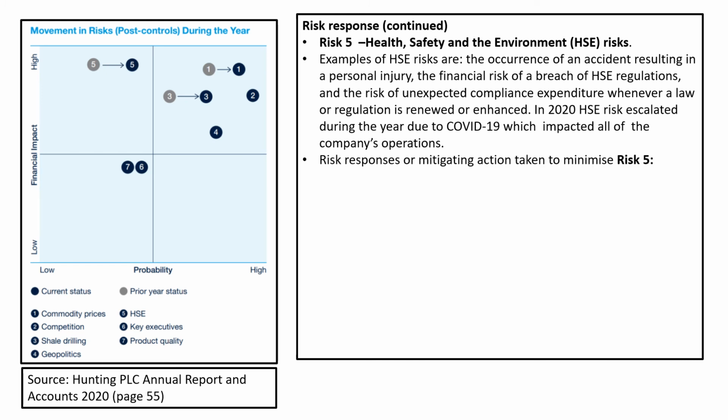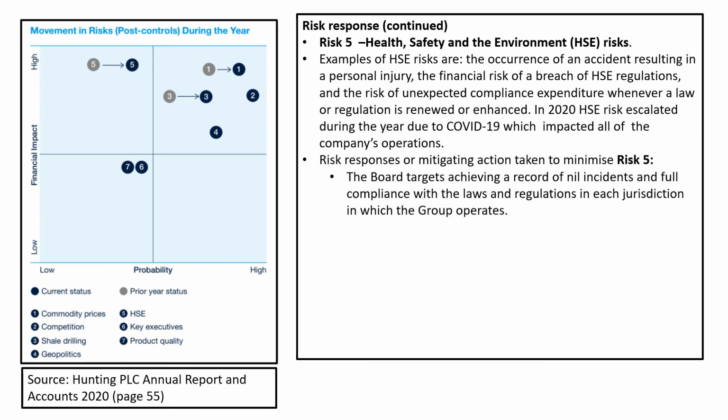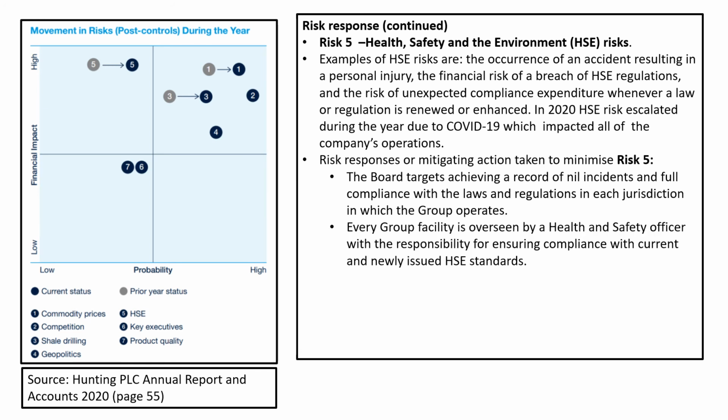Risk responses or mitigation action taken to minimize risk 5. 1. The board targets achieving a record of nil incidents and full compliance with laws and regulations in each jurisdiction in which the group operates.